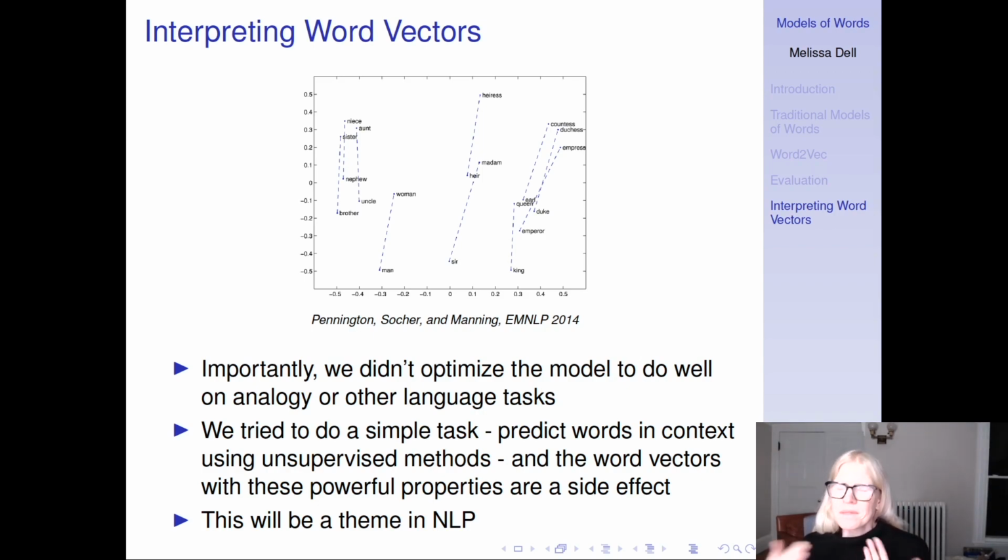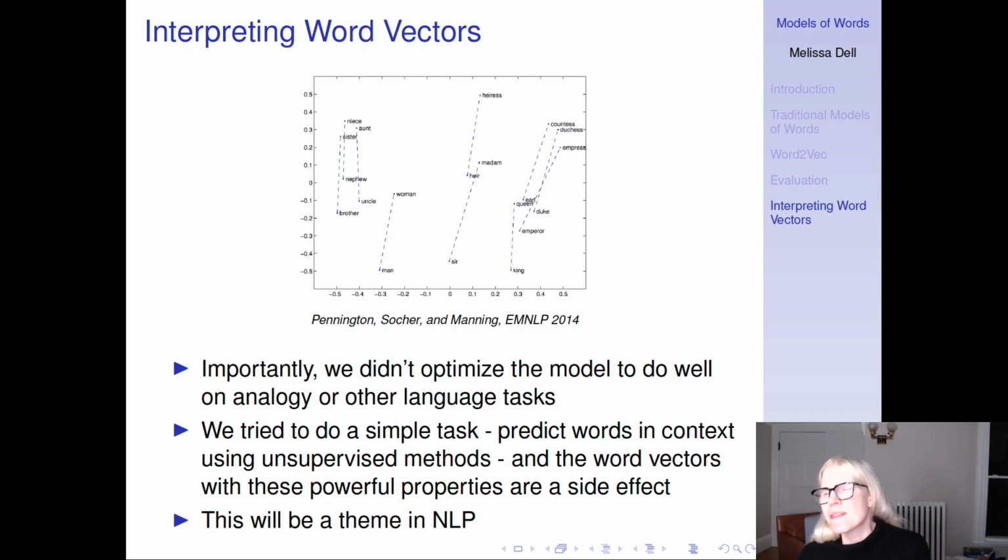The one key thing is that we didn't optimize the model to do well on analogy tasks or on the Sesame Street task or any other task that it was evaluated on. We tried to do a simple task, which is to predict words in context using unsupervised methods, and the word vectors with these powerful properties were a side effect of this.